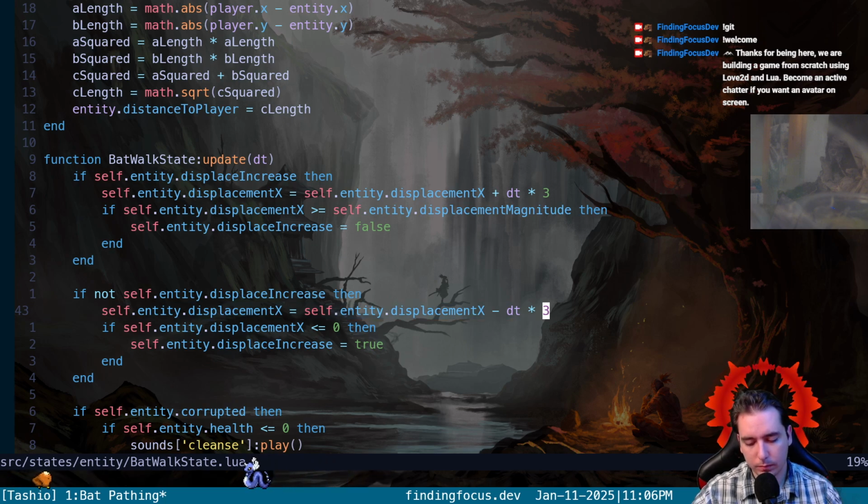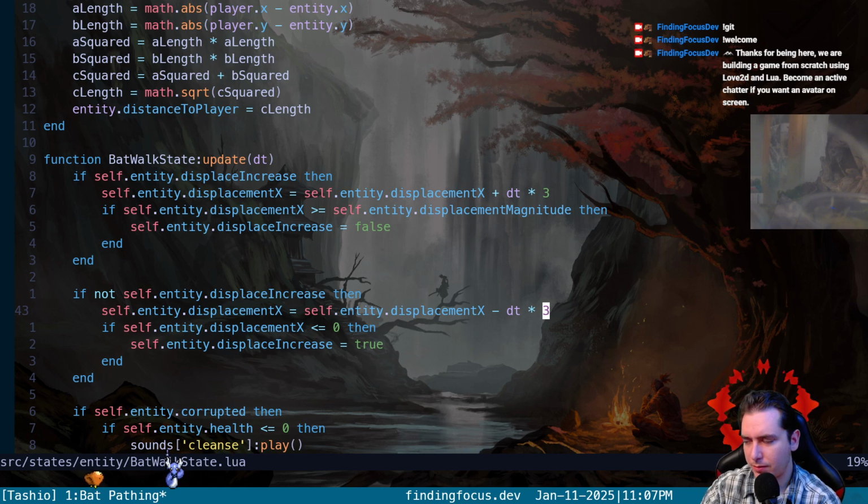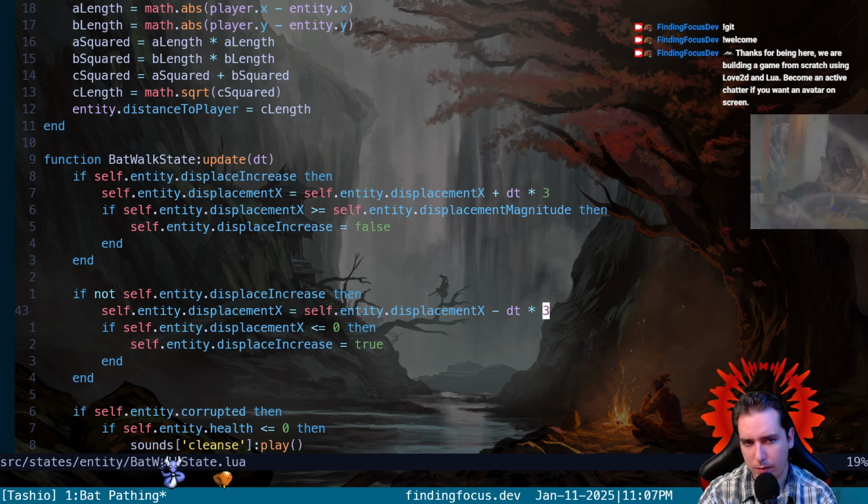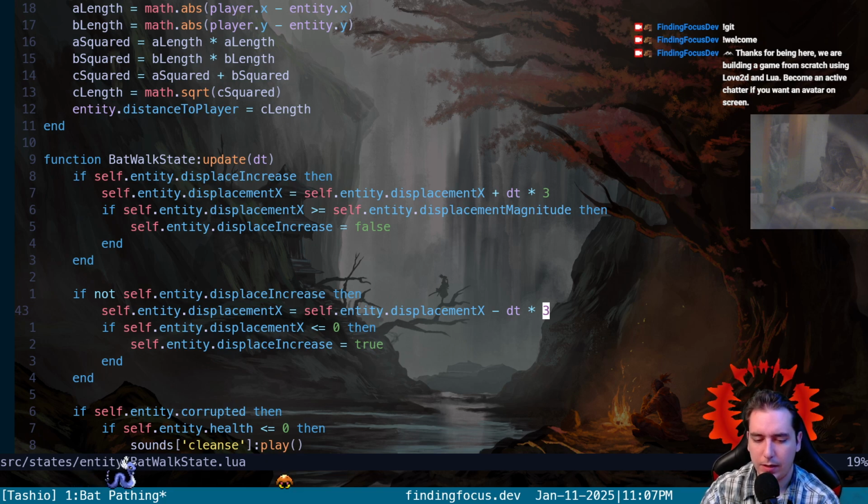So we can't just add the displacement every frame, because then we'll go... yeah, we can't just add it.